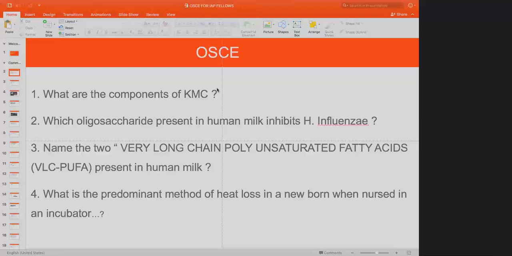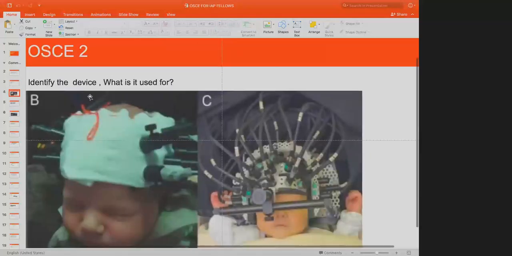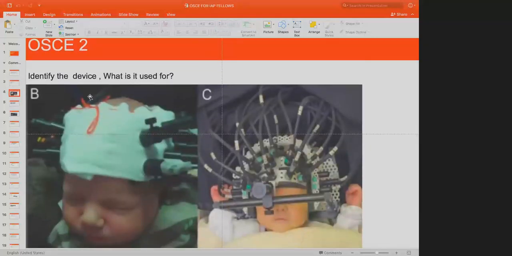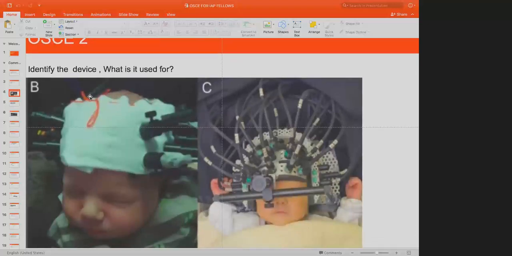I think we can go by 2 questions at a time. You can, or maybe just one question at a time. Just read out one question, they'll answer, and then we'll go to the second question and so on. Okay. Second question is identify this device and what is it used for?